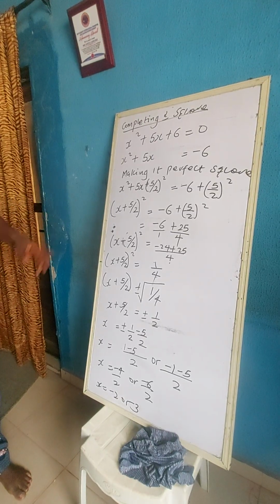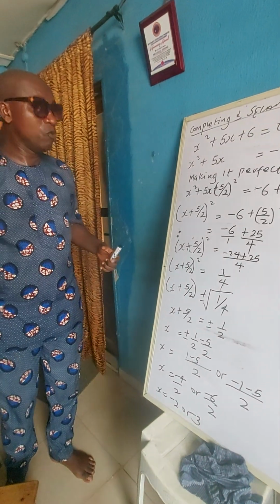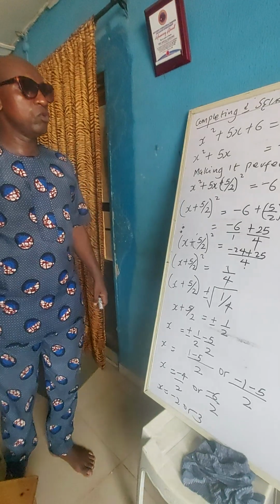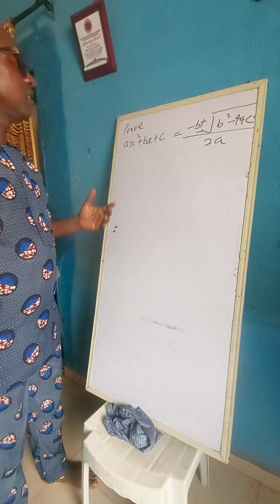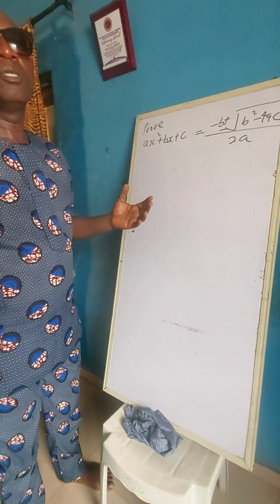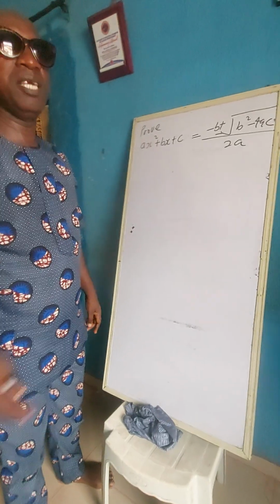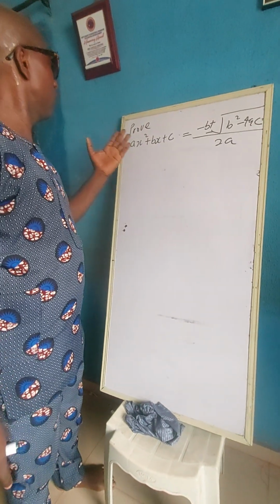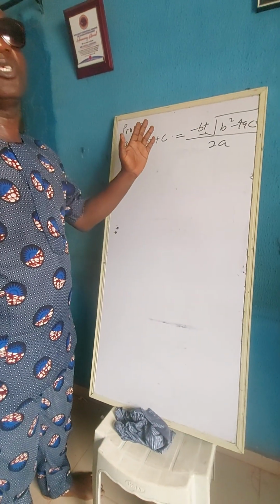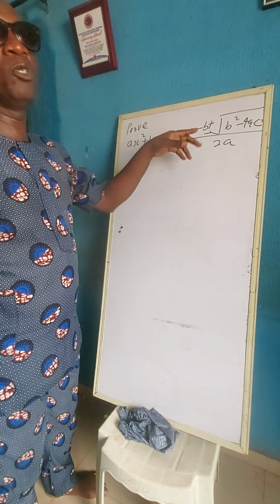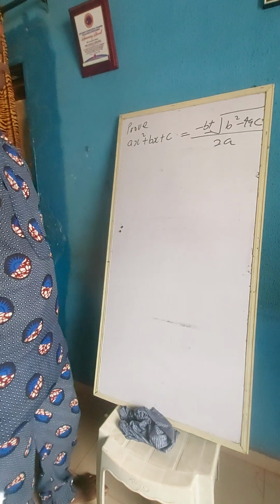Like I said, the proof of this for you to gain, I will do that one. Then we move out of quadratic equation, we move to simultaneous equation. The other time I told you the questions that come out some years and keep on coming: prove that ax squared plus bx plus c equal to 0 gives x equal to minus b plus or minus square root of b squared minus 4ac over 2a.